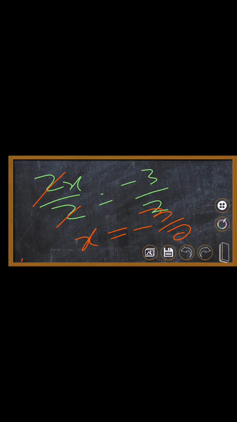Let's have a look at another question. So we are going to have 2y minus 3 is equal to 7. So what do we do? First, you put all the unknowns on one side and the knowns on the other side. So this side, we're going to keep our unknown, which is y.